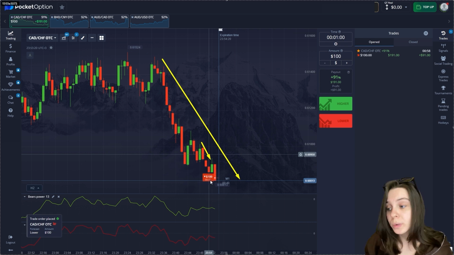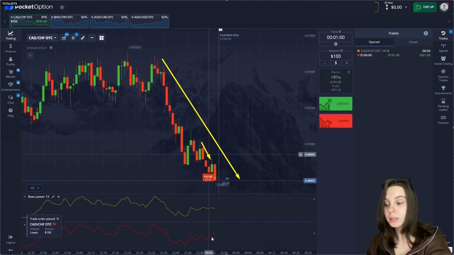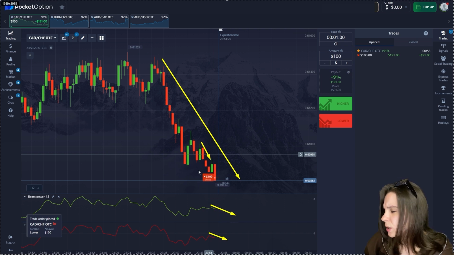We can safely open a trade for the decrease. Also, at the time of opening the trade, the candle has a rather pleasant volume on our chart. Then we look at our Bears and Bulls Power indicators. Both indicators are directed downward, which also supports trades specifically for the downside.